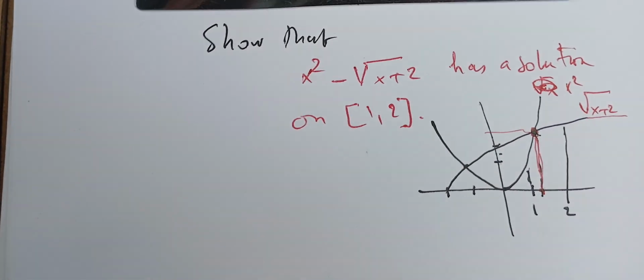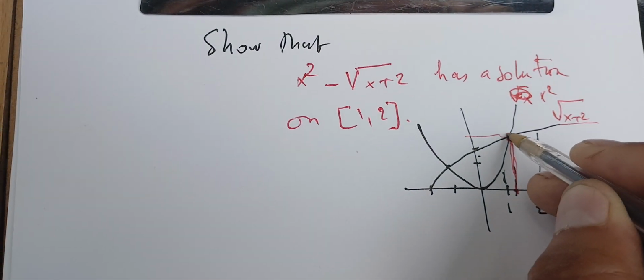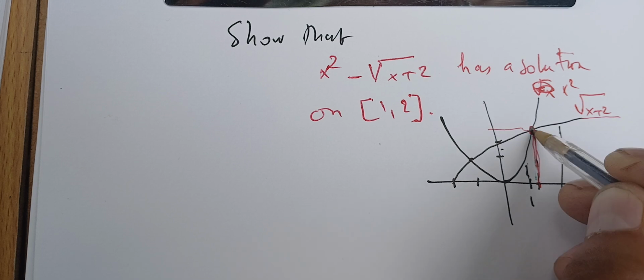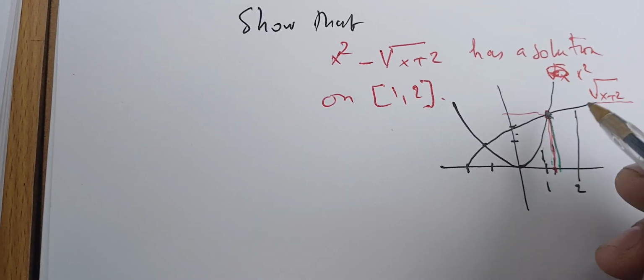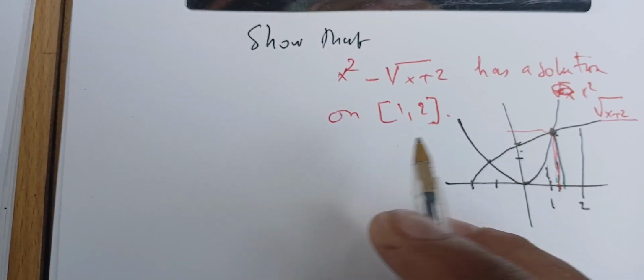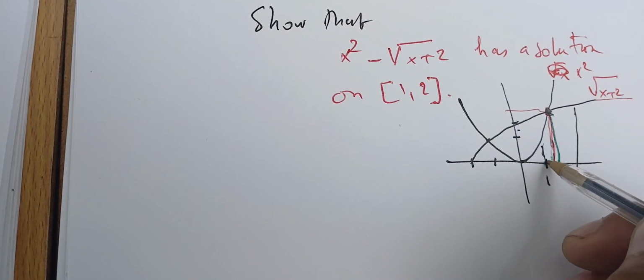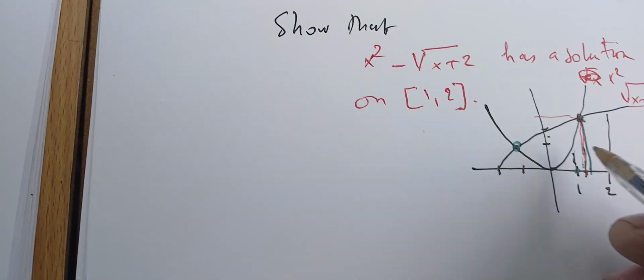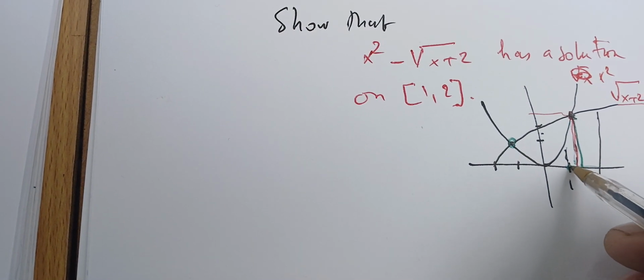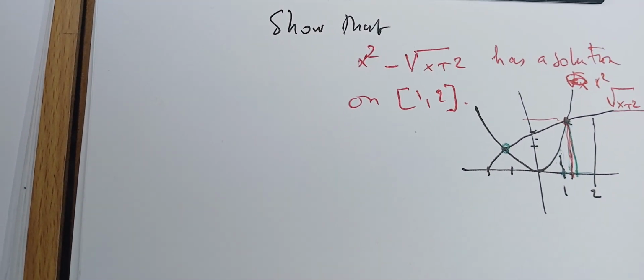So the idea that we have is that we see clearly that we have this point here, where the two graphs meet, and that's a solution. We wanted that solution between 1 and 2. We also have this other point, but since we are only interested in this one, we're going to see what we mean.